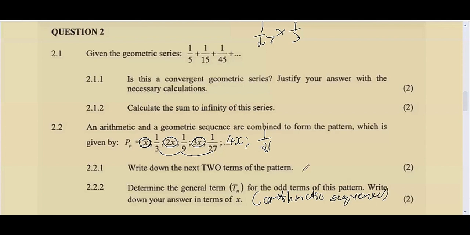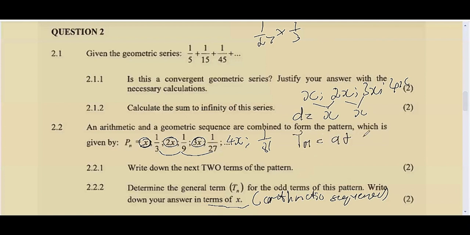So how do we write the general formula? We are supposed to write it in terms of x. So let's go and write out the values. That's x, 2x, 3x, and then 4x. We know that the difference here is just a positive x, because we can just add x to get the next term. So that represents our d. Now the formula, remember, is Tn is equal to a plus n minus 1 d. So what is our a? Our a is x, then plus n minus 1, and then what is our d?